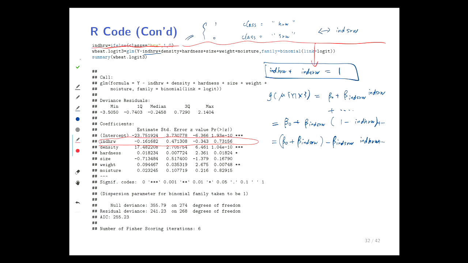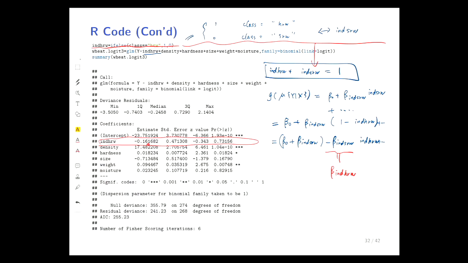So you can see that the coefficient of the indicator variable of HRW is the negative of the coefficient of SRW. That's the reason why we have this negative result compared to the previous case.